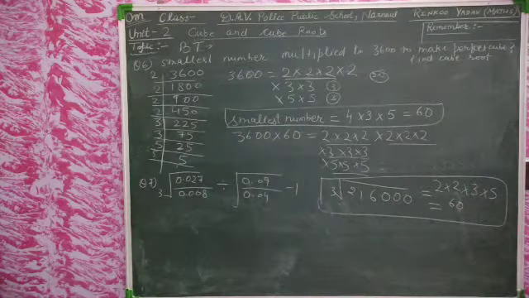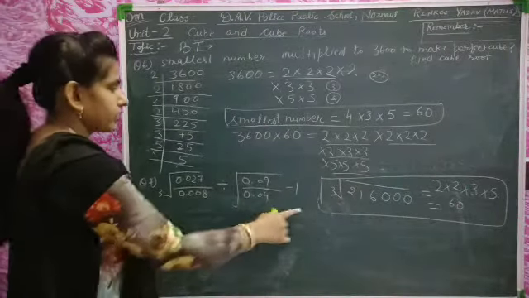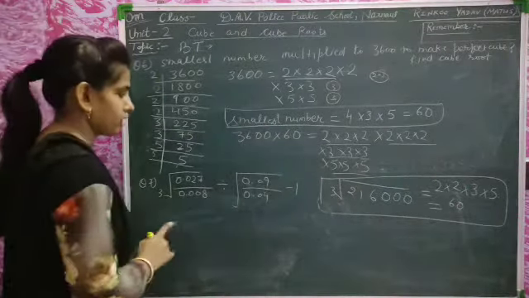Is this clear, students? Now we will solve this question here. Let's see, there is a question here. 0.027, so we write it as 27 divided by 1000.